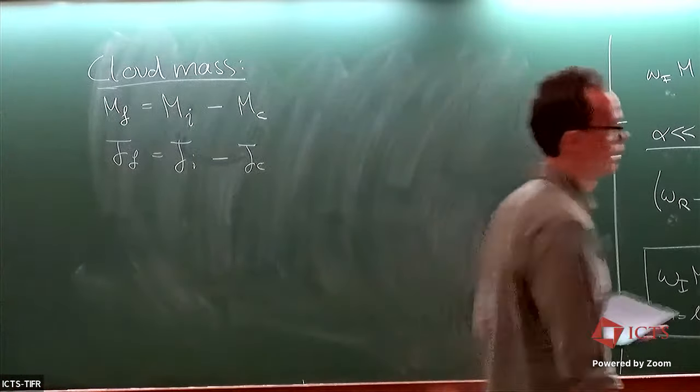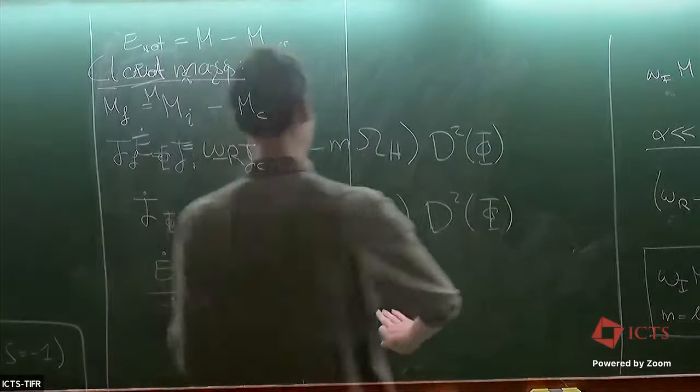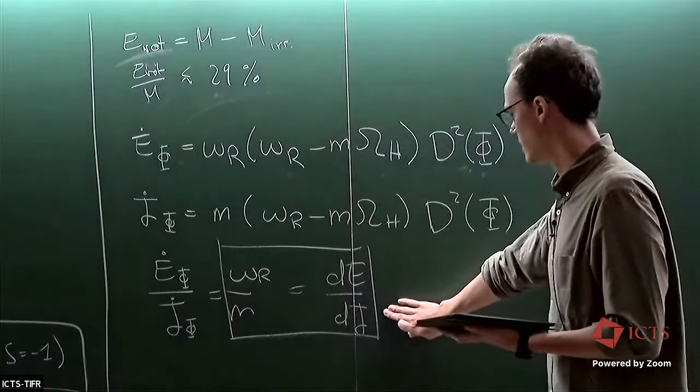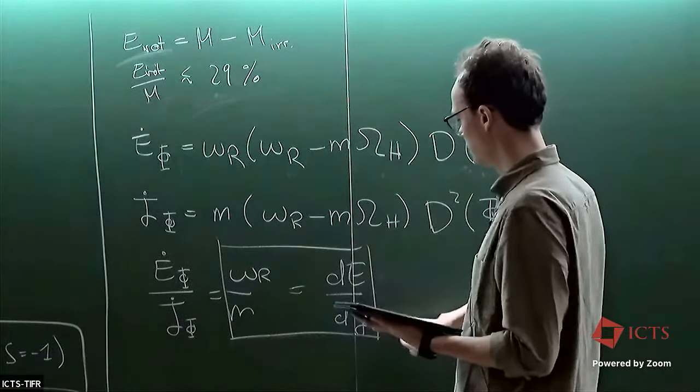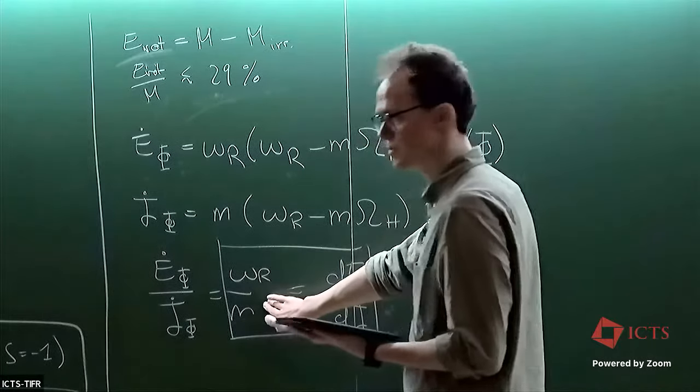But now, we derived this neat relation, or I basically told you that this neat relation exists, and you're going to derive it in the tutorial, that the change in energy versus the change in angular momentum extracted from the black hole has this particular ratio.